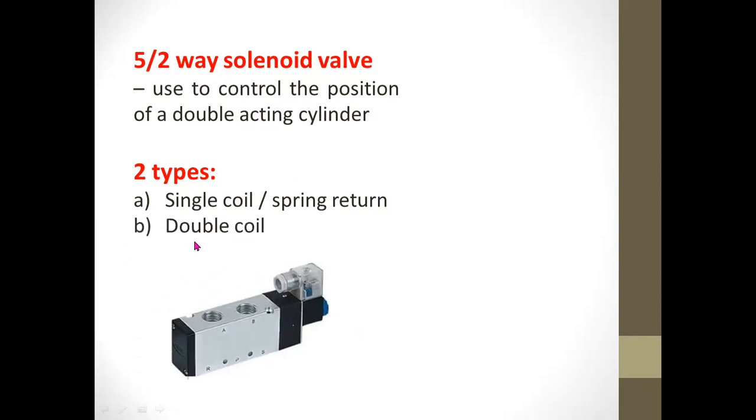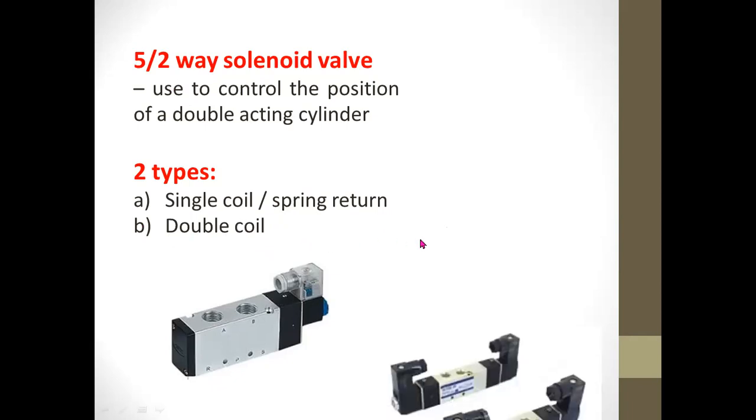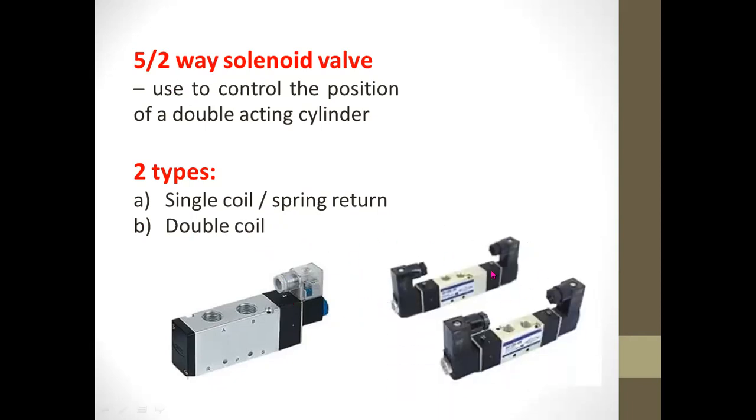The second type of the five two-way solenoid valve is the double coil. Notice that you do not have the spring return. When you have the double coil, that means it's not a spring return type. The typical example of the double coil is shown in the picture at the right side.